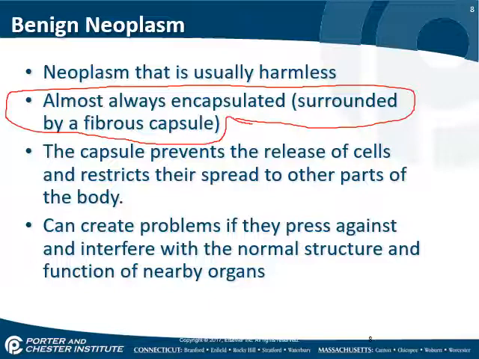The capsule prevents the release of cells, restricting their spread to other parts of the body. But benign tumors, although they aren't malignant, can cause a problem if they press against any organ and interfere with the normal structure and function of nearby organs.